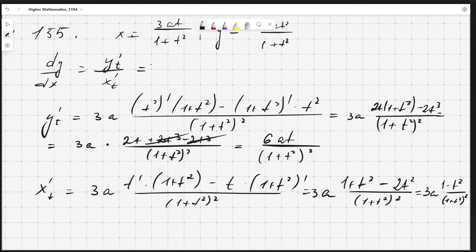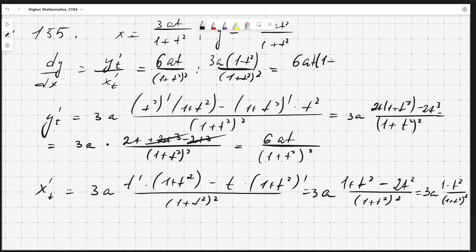And our y prime over x prime: 6at over 1 plus t squared squared over 3a times 1 minus t squared over 1 plus t squared squared, or 6at times 1 plus t squared squared over 1 plus t squared squared times 3a times 1 minus t squared.